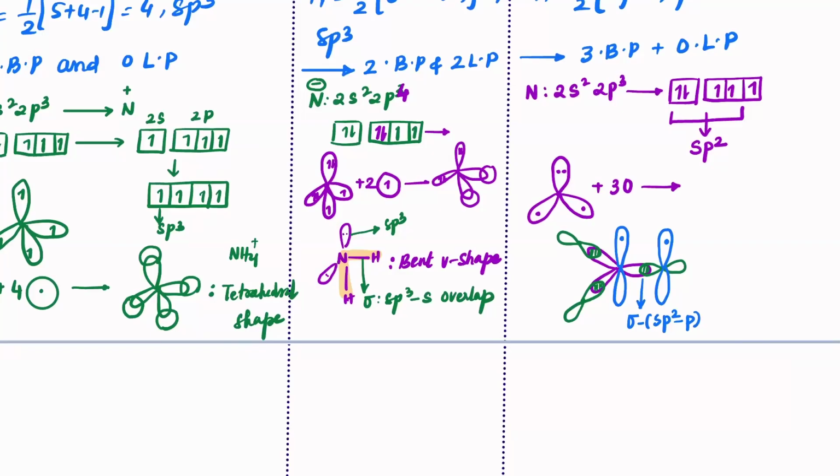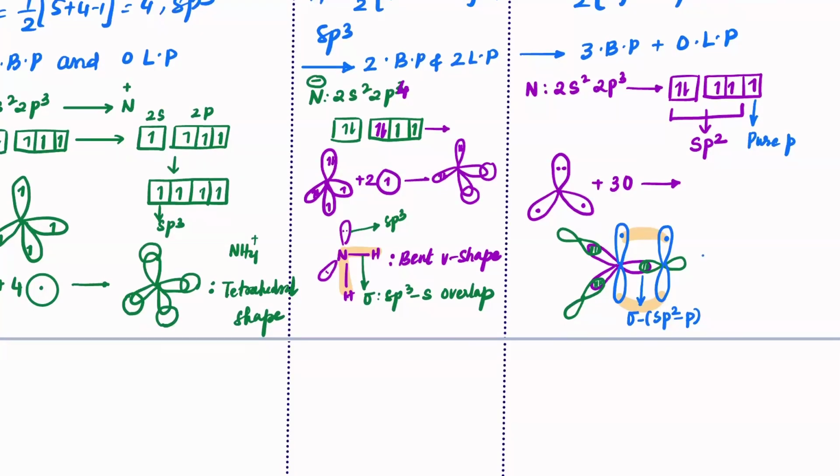These two single electrons which are parallel to each other will start making a pi bond. So after the sigma bond has been made, the leftover electron here, which is in a pure p orbital, would make a pi bond with the oxygen's pure p orbital.